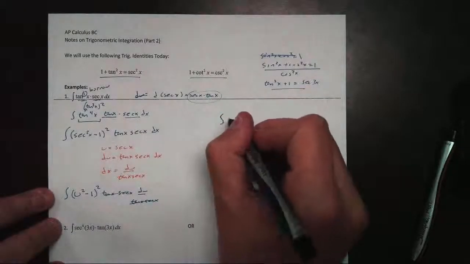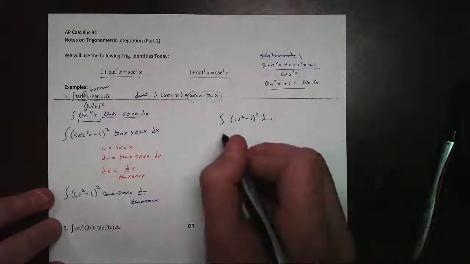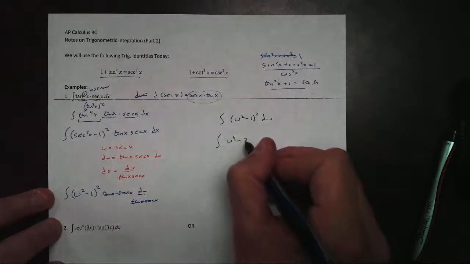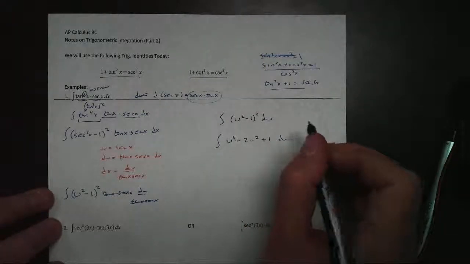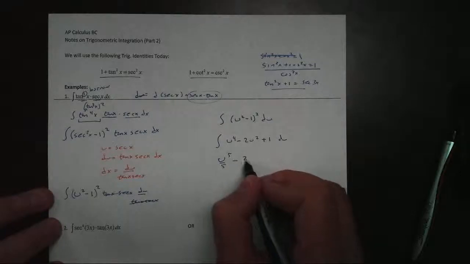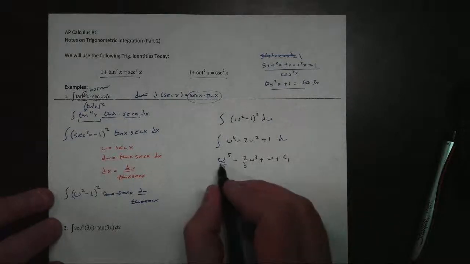And what we're left with is the antiderivative of u squared minus 1, squared, du. When I distribute, this becomes u to the fourth minus 2u squared plus 1 du. And when you integrate, u to the fifth over 5 minus 2/3 u cubed plus u plus c. And I plug in my secant.